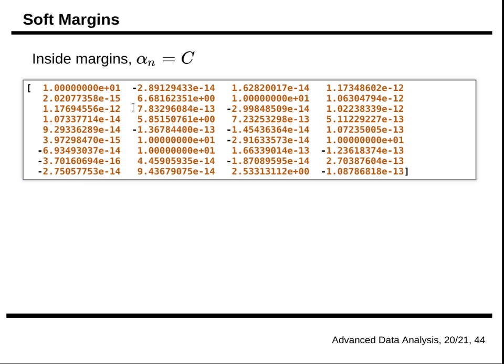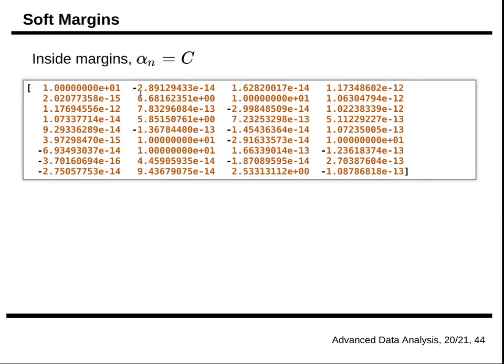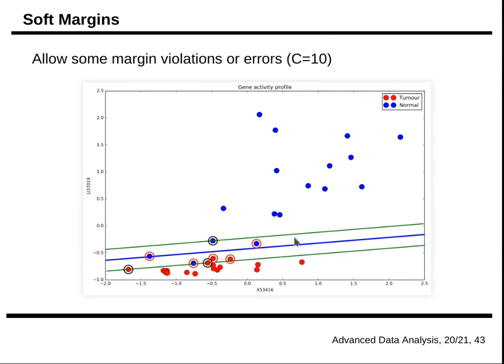Then we have these here that are not zero, but are still below C. I used a C of 10 in this case. So this one is approximately 6.7. Then we have another one here, 2.5, and so on. And then we have these that are exactly 10. So these maximized the penalty, and these correspond to the red ones that are penetrating the margin.